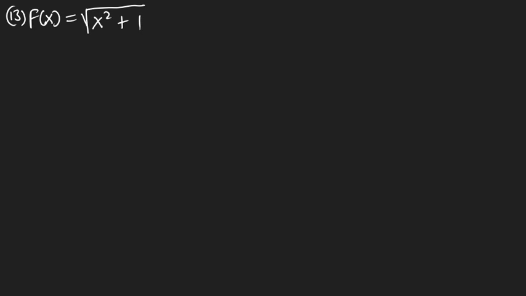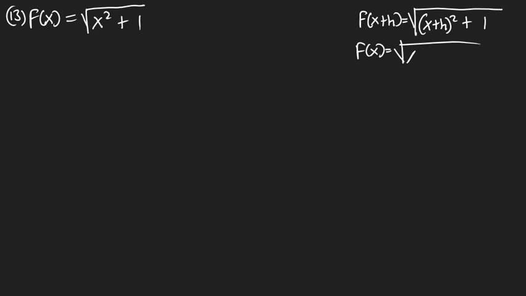Use the same concept. We're using the first principle. But first of all, we can work out this. So this is going to be the square root of, while there is x, we replace with x plus h, to the power 2 plus 1. And then our f of x is going to equal the square root of x to the power 2 plus 1.